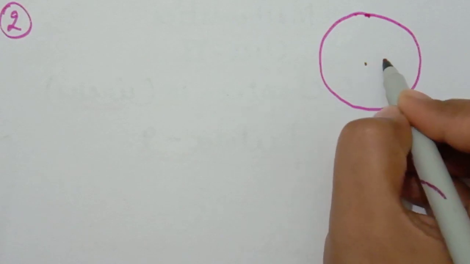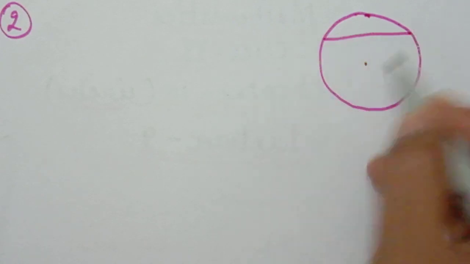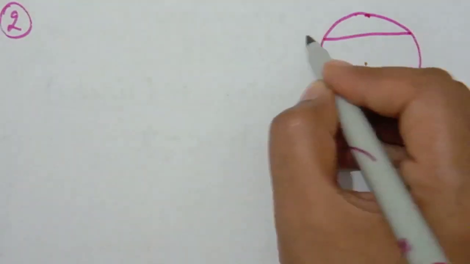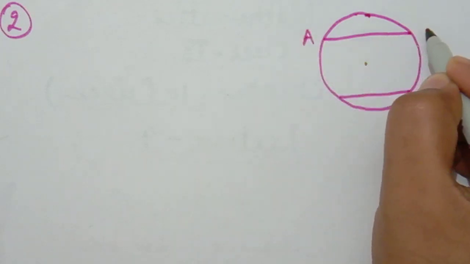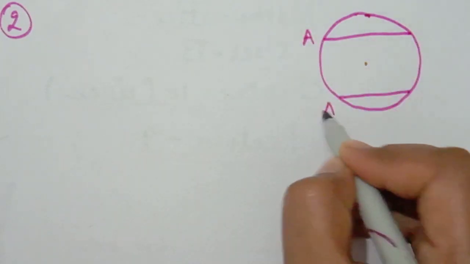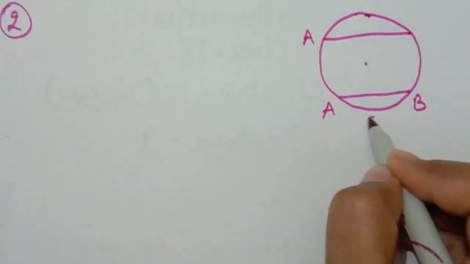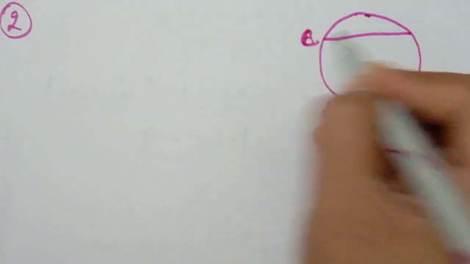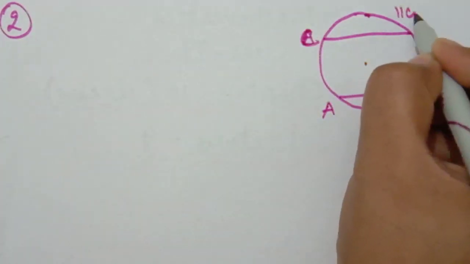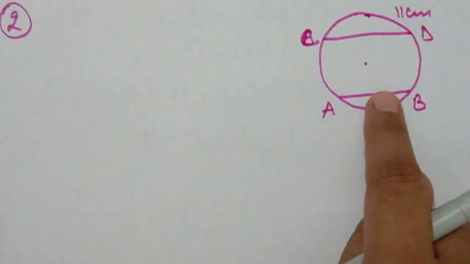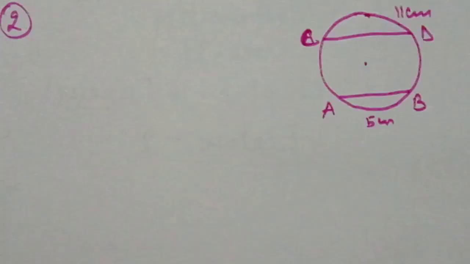If this is our center O, we will take AB here because AB is 5 cm, and CD here because CD is 11 cm, and obviously AB looks smaller than CD.